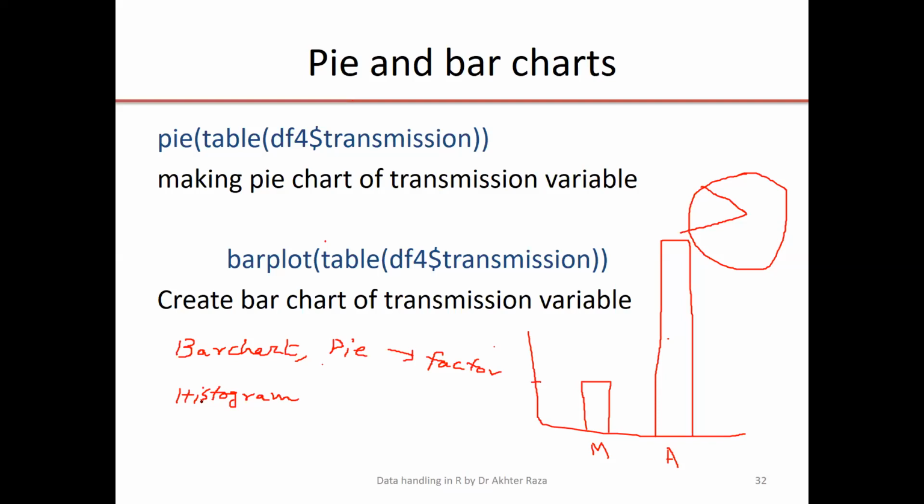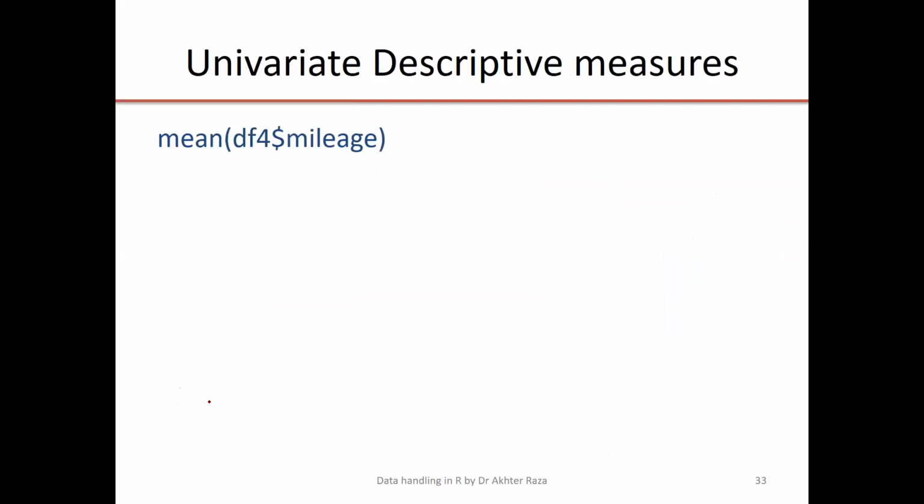And then a qualitative variable or factor variable, if I affiliate it with this command, then that factor variable will generate the histogram for manual transmission as well as for automatic transmission. It means the histogram can be repeated two times. I can perform this by a command which is named tapply. I will describe the tapply command after this slide.